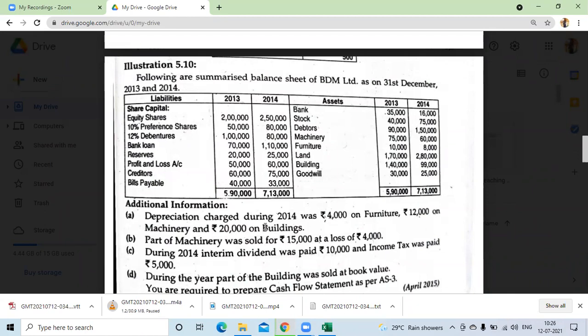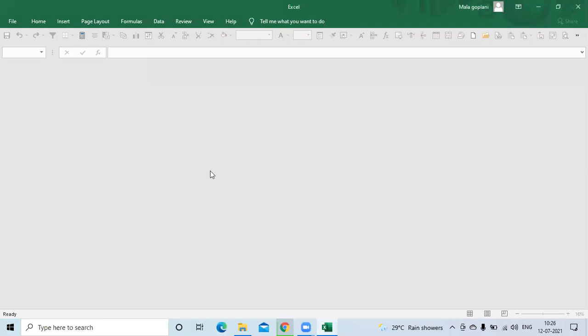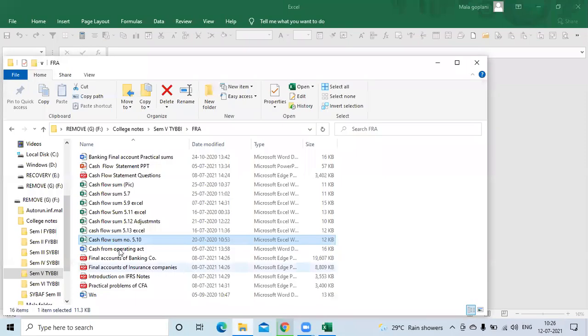Next line, treat non-cash and non-trade items. Leave 10 to 12 lines. And now write down adjust working capital. Done? Yes, ma'am. Okay.